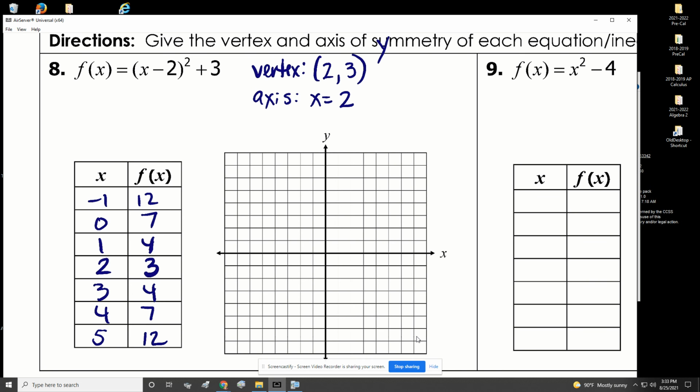Right? And then I'm going to graph whatever will fit. Now my graph I have here doesn't go all the way to 12. So negative 12 is kind of off the graph. That's okay. We have lots of points we can graph. So 0, 7 means over 0, up 7.